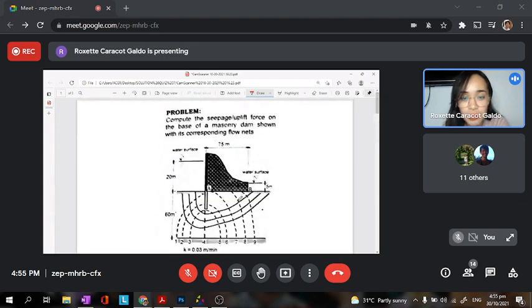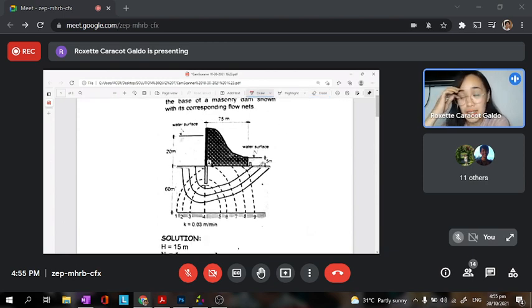Our question number 2 is, we are asked to compute the seepage or uplift force on the base of the masonry dam shown, with its corresponding flow nets.